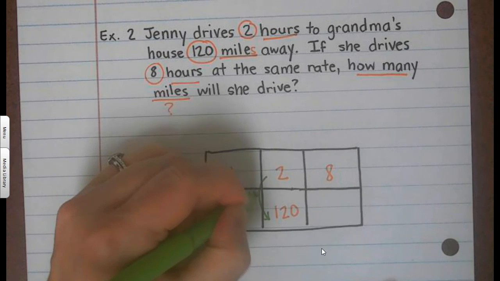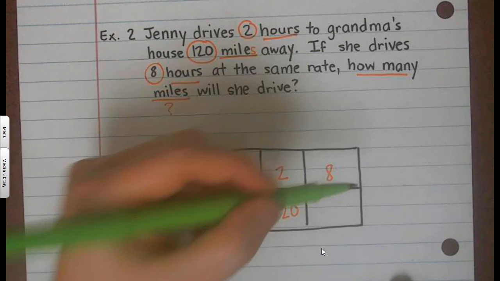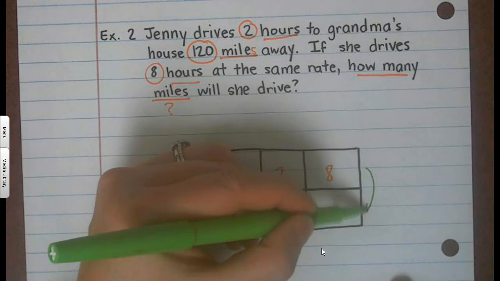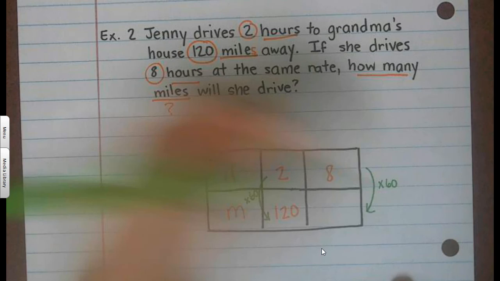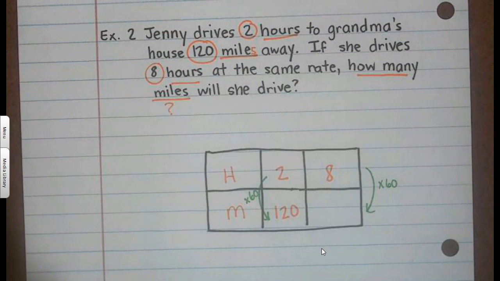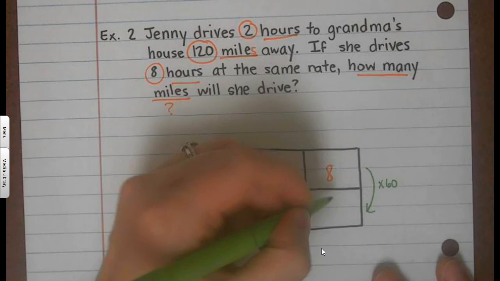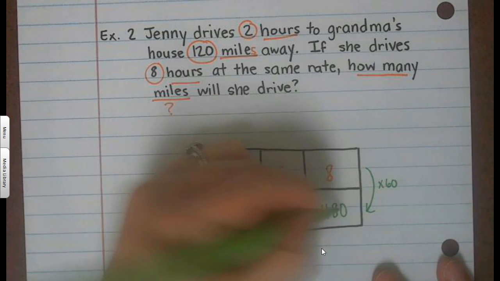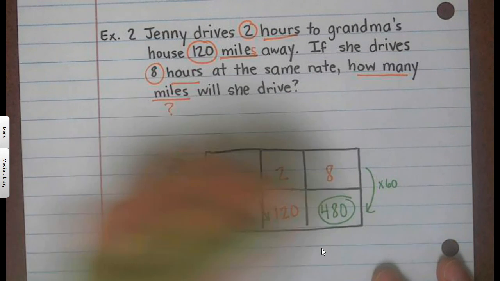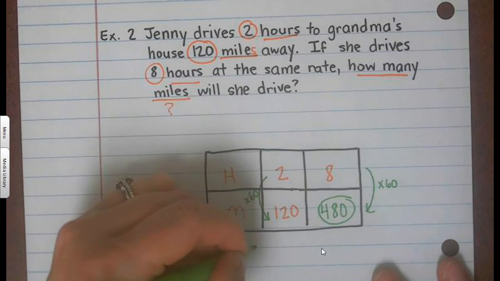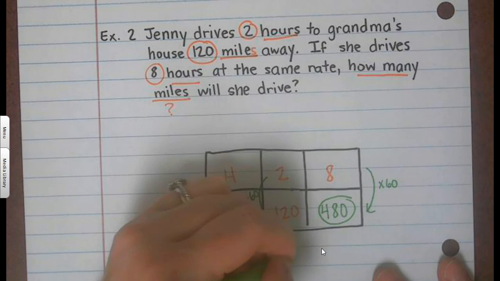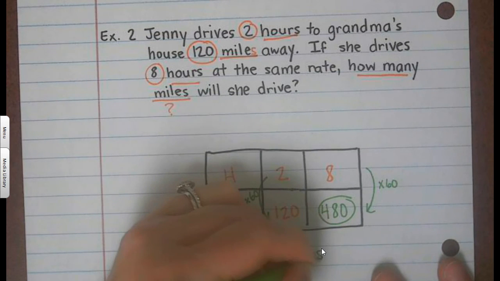Well, 2 times 60 is 120. So we do 8 times 60. I know 8 times 6 is 48, so if I add a 0 to that, then I get 480, and that is our answer. So the answer to that one is 480 miles.